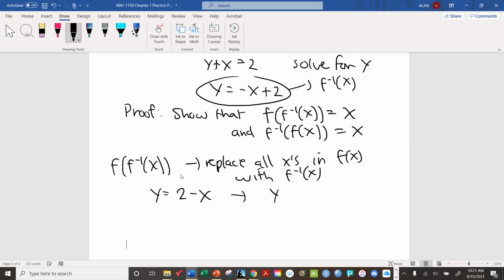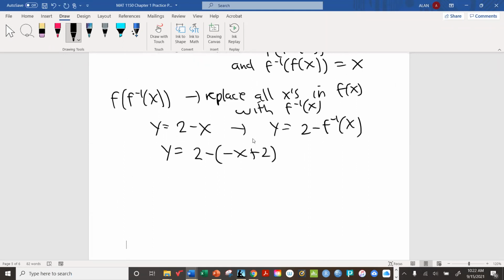And that becomes y equals 2 minus f inverse of x. And since the inverse that we have come up with is minus x plus 2, we substitute, and then we'll have 2 minus (minus x plus 2), which is 2 plus x minus 2. Okay, we're good.